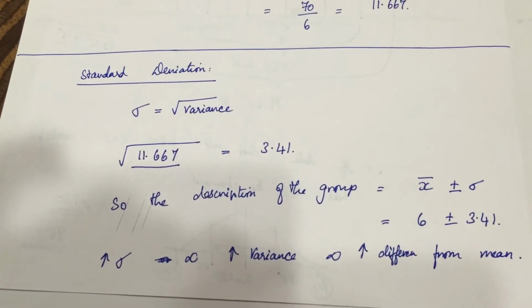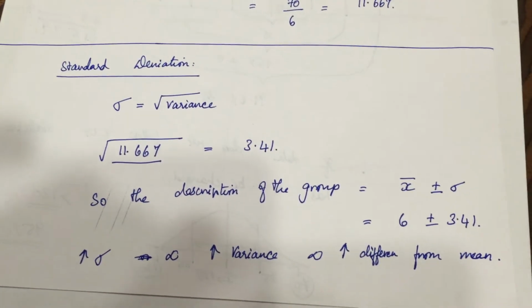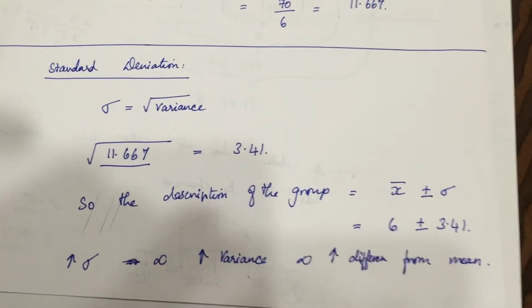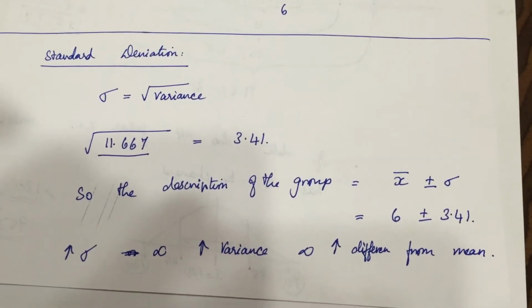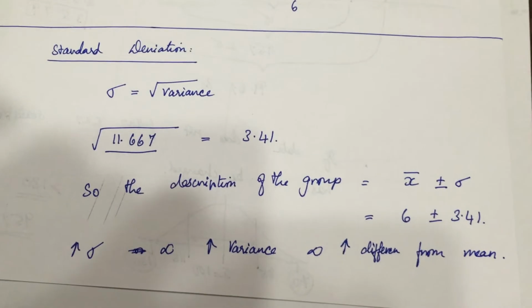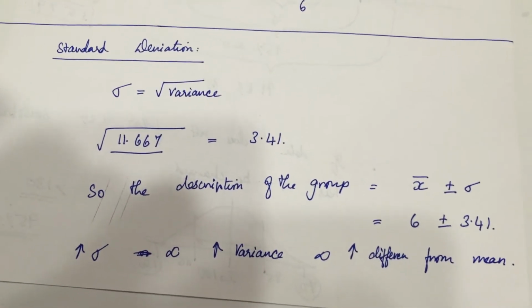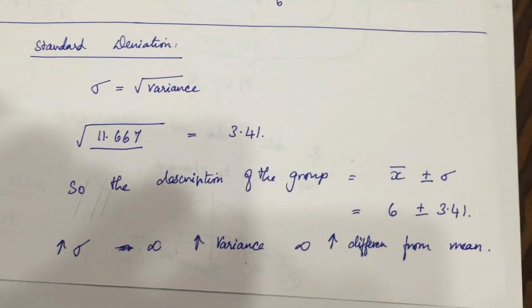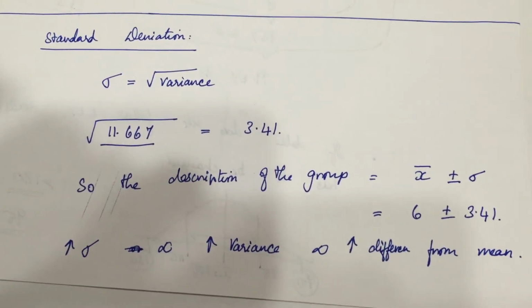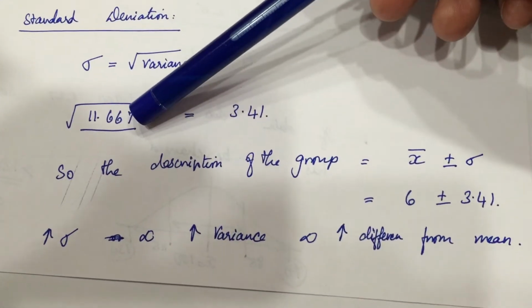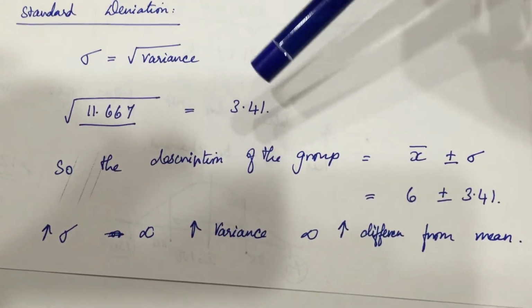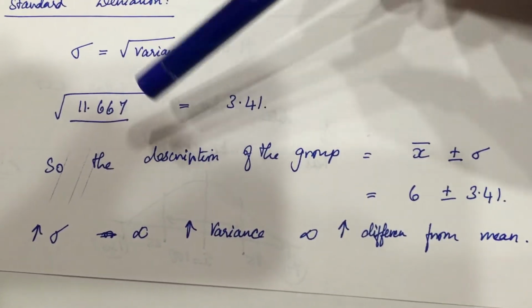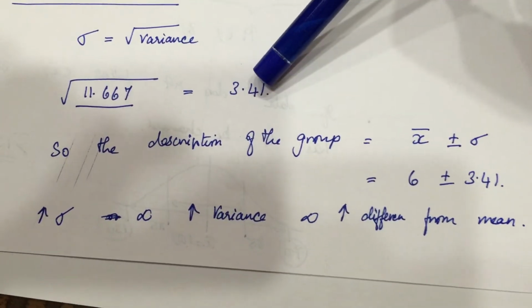Standard deviation is the square root of variance. We know that the variance was calculated based on the square of the variations we observed. So to bring it back to the original values, we take a square root, and that is our standard deviation. So in this case, the standard deviation is the square root of 11.667, and that is 3.41.